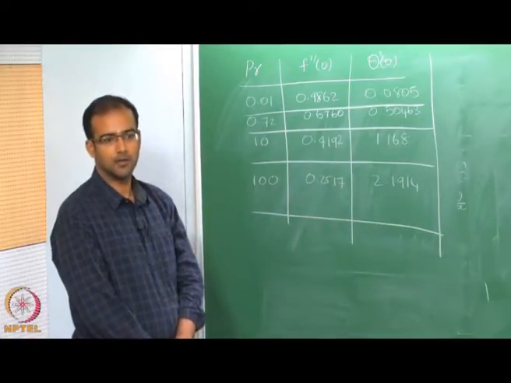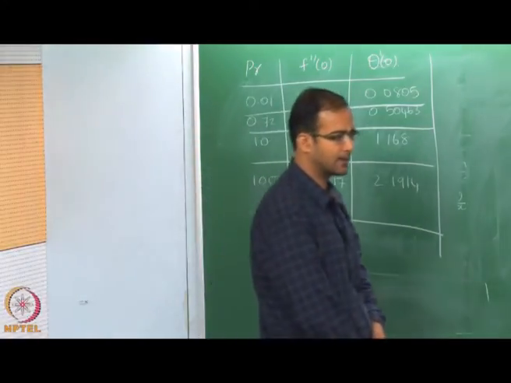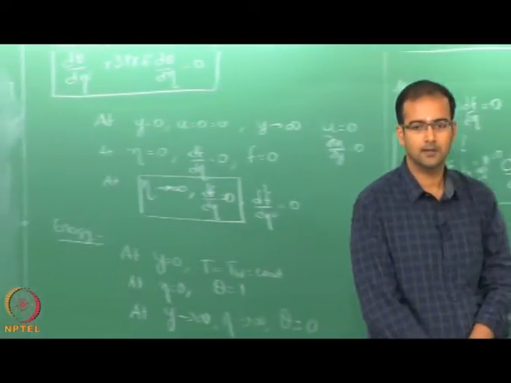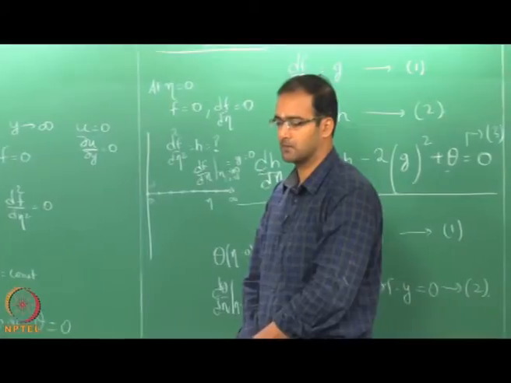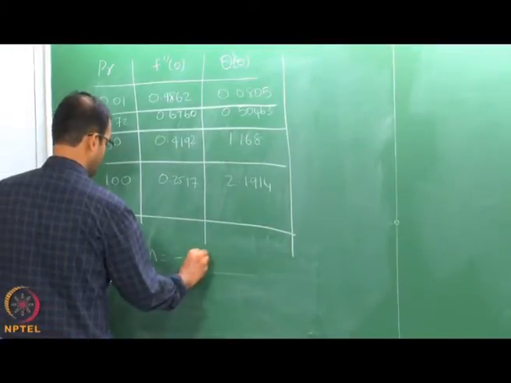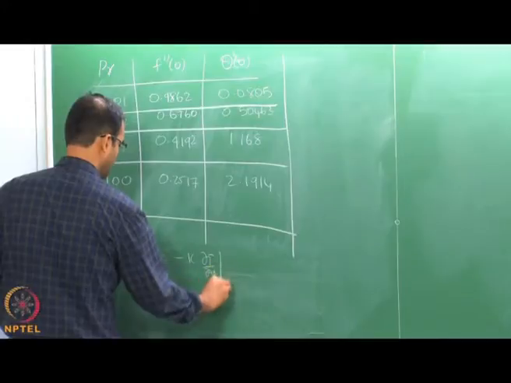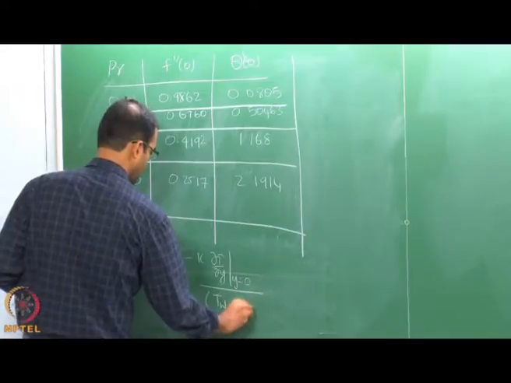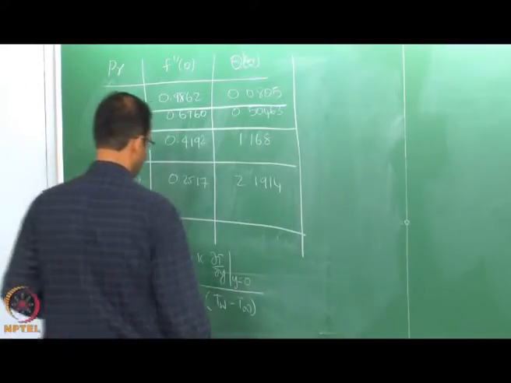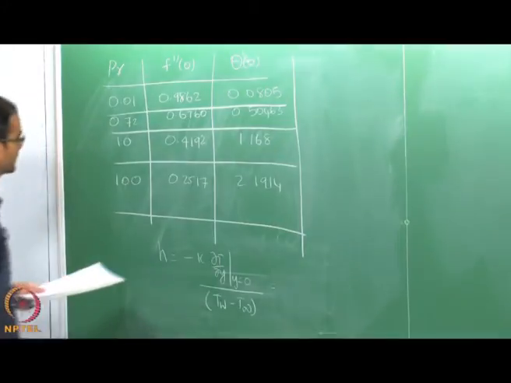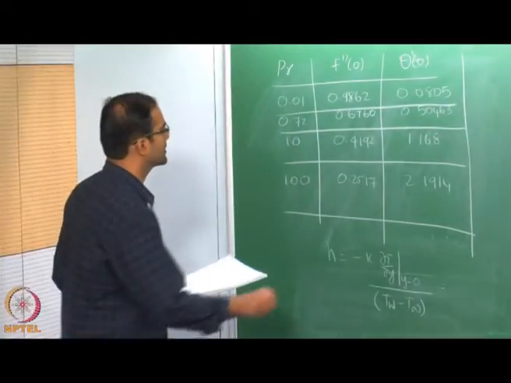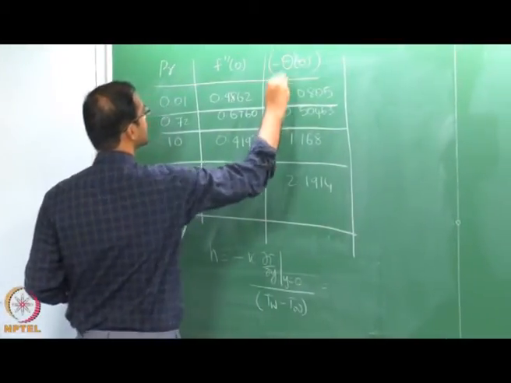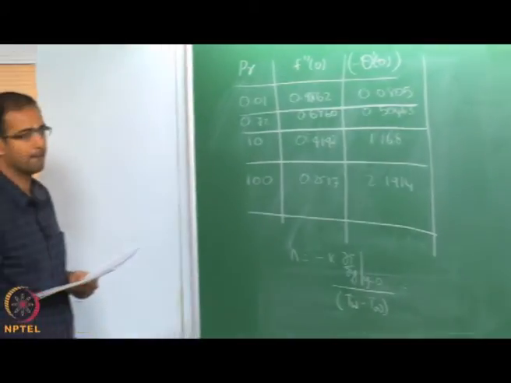Okay. So, can you all do that? So, once you know the temperature gradient at the wall, now you should write down what is the expression for Nusselt number. Yes. So, in this case it should be negative, right. So, let us say minus of theta dash, that is correct.